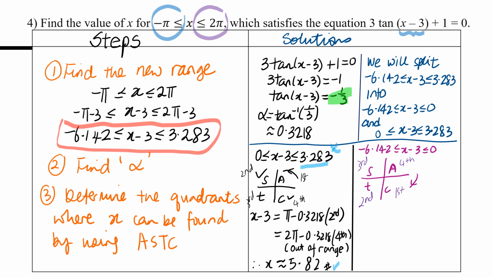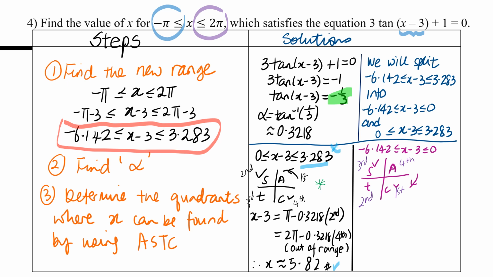All right, but for tangent to be negative, whether it's measured in anti-clockwise or clockwise direction, it still comes from S and C. Can you see the quadrants for tangent to be negative are the same? It's just that in this case, we're talking about second and fourth quadrant.